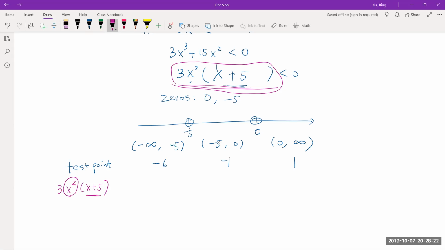Okay, plug in -6 here. That's negative. Plug in -1 there, -1 plus 5 is positive. It will be positive. Plug in 1 plus 5, positive, and then it will be positive. Okay, so the interval I'm looking for should be, which interval?